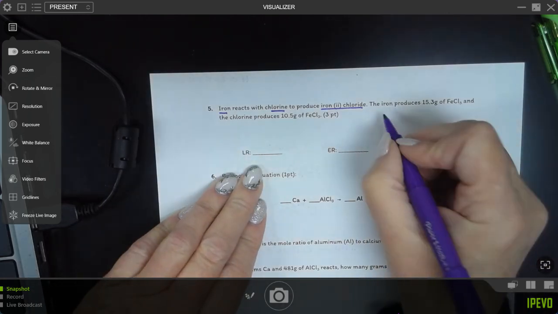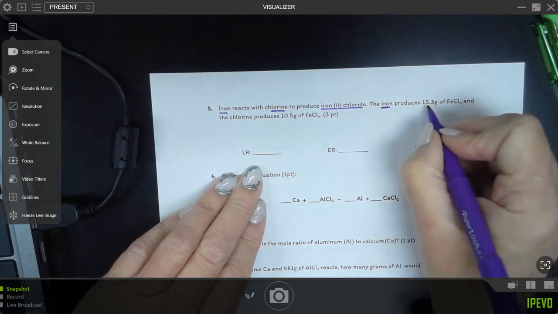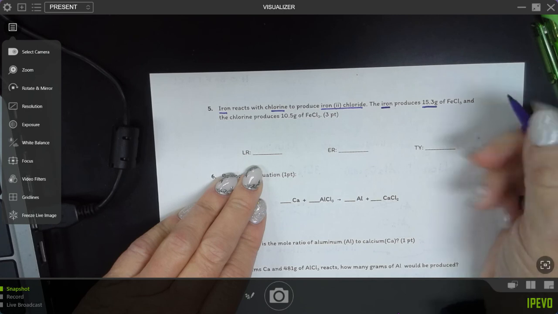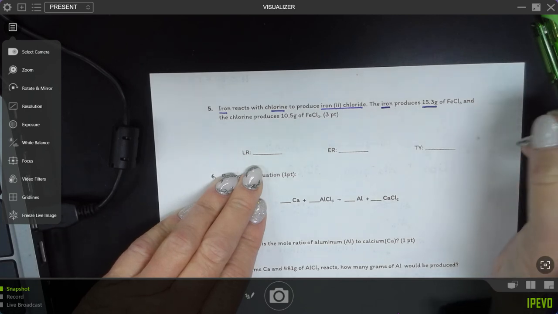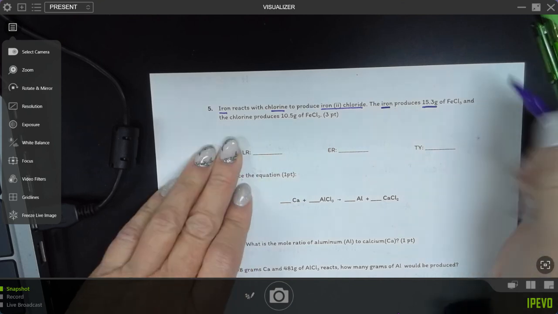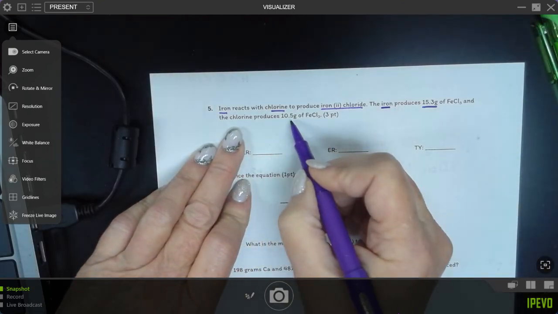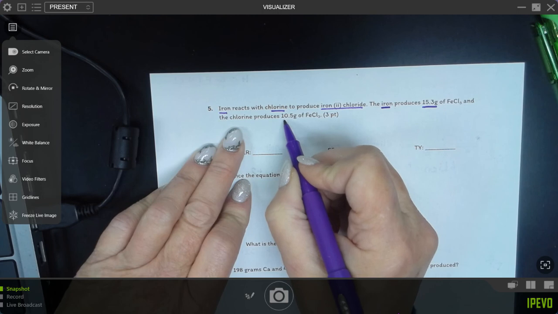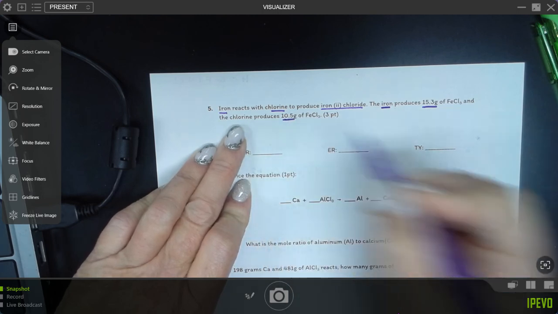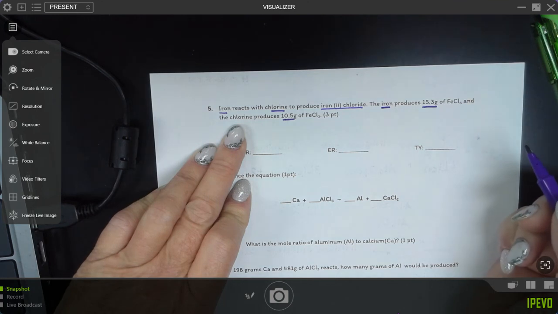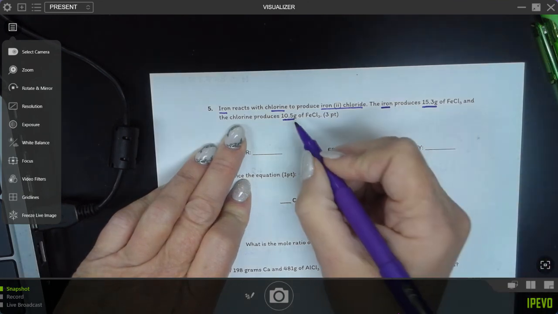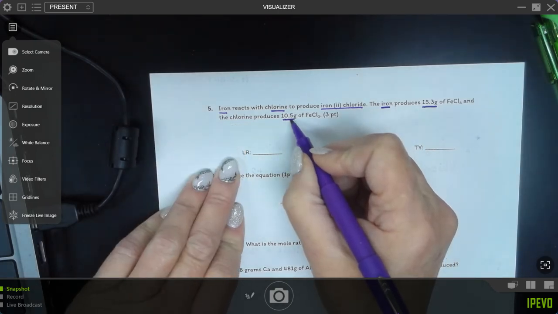So this says the iron produces 15.3 grams. Okay, so what that means is if it were up to the iron, 15.3 grams of product would be made. The chlorine could produce 10.5 grams. Okay, so if all of the chlorine got used up, we would make 10.5 grams. Okay, remember the limiting reactant is the one that runs out first, so it's the one with the lower amount of product.